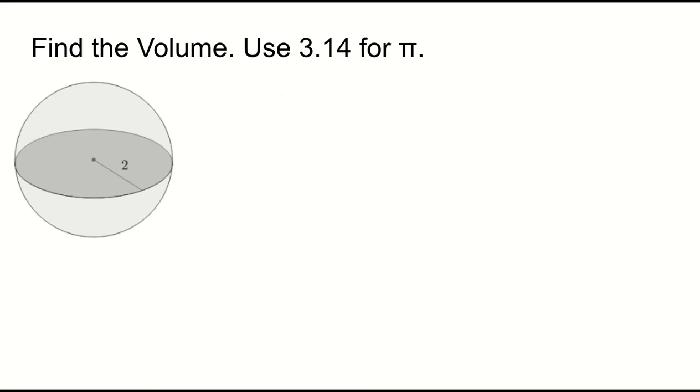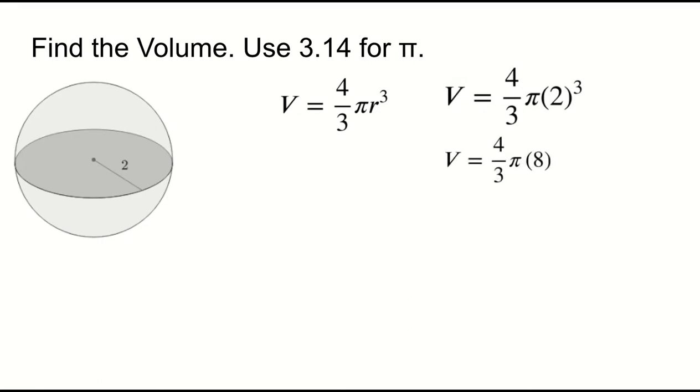All right, let's see what you came up with. You've got the formula. You substituted in your values. And we got 2 cubed being 8. We get 32/3 pi. But it told us to use 3.14 for pi. So we're getting 33.49 cubic units for the volume of this sphere.